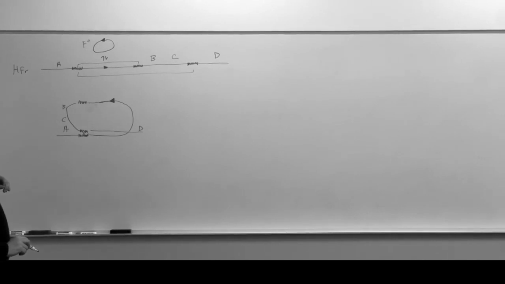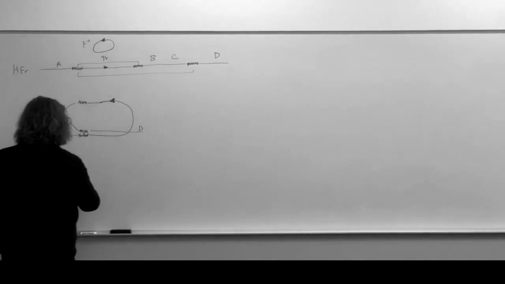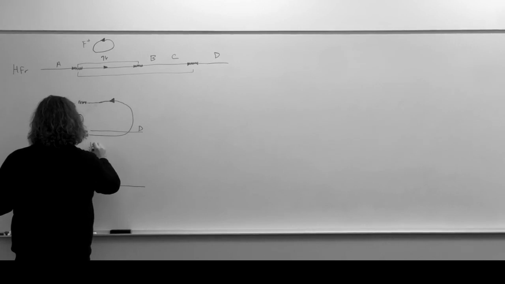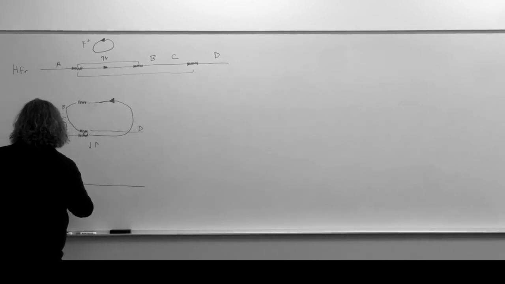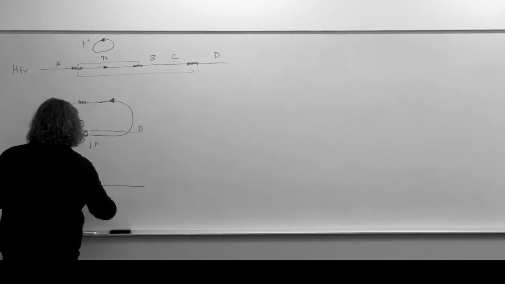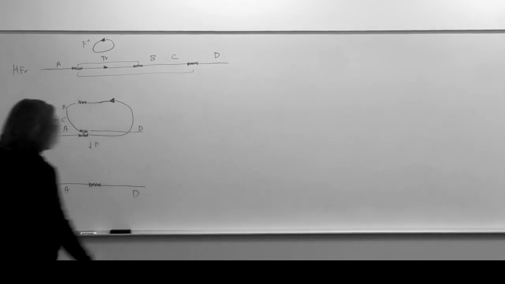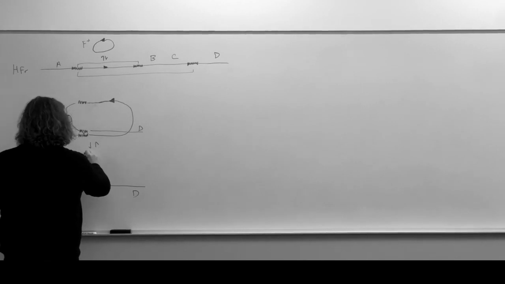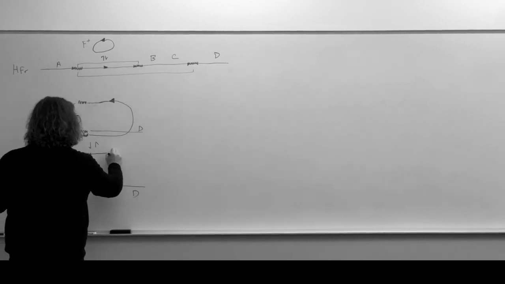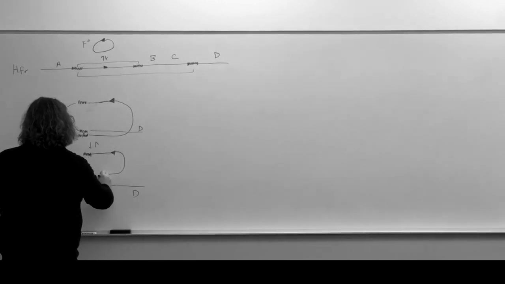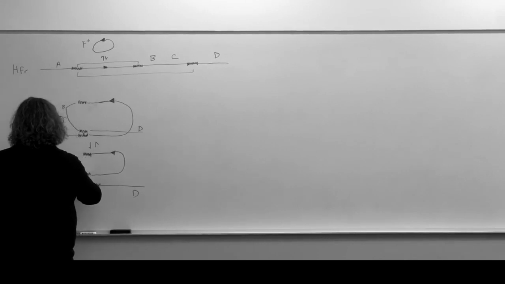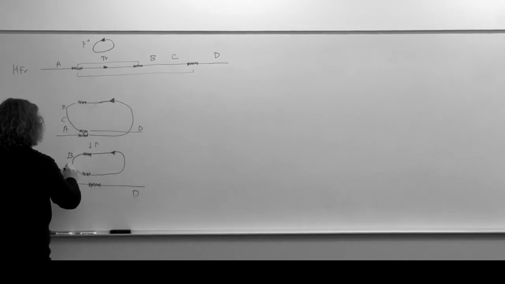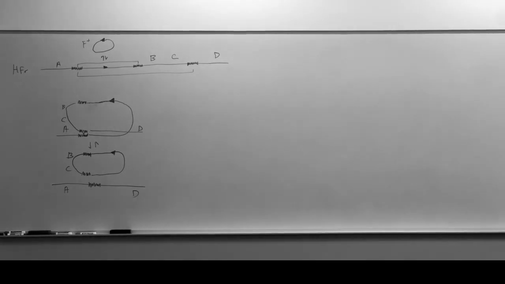And so what are we left with? Well, we're left with A and D, and then we're left with a plasmid that has an origin of transfer. It has the B gene and the C gene.